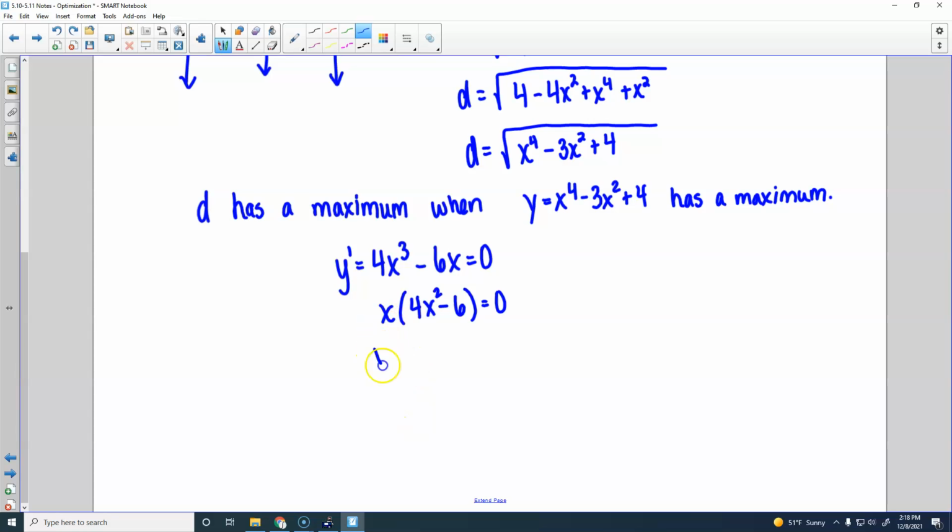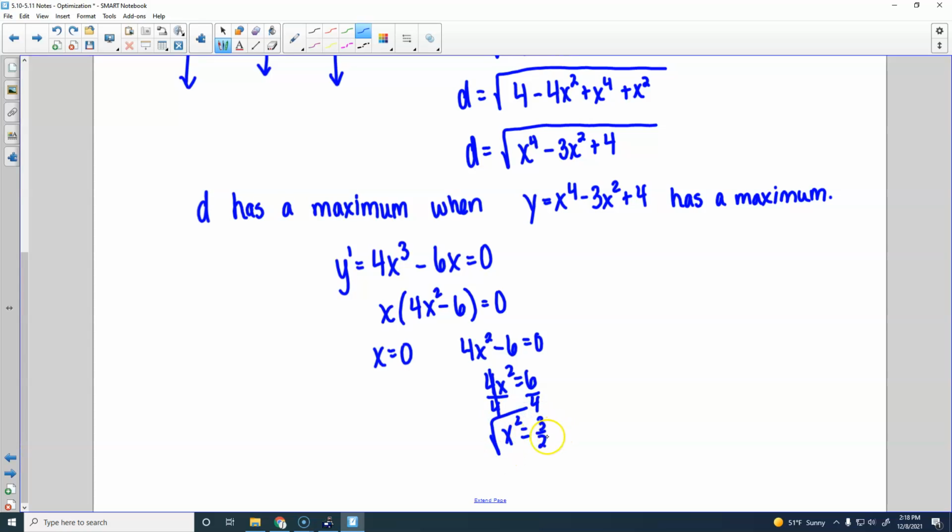We'll get the same answer either way. So we get x equals 0 and 4x squared minus 6 equals 0. So 4x squared equals 6. Divide by 4. X squared equals 3/2.